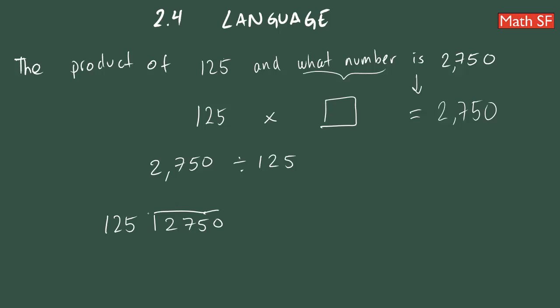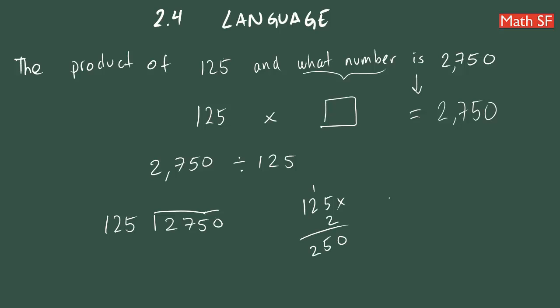So you say 125 goes into 2 0 times, into 27 0 times, into 275. Let's see how many times will that go. So let's take a guess. So maybe twice. 2 times 5 is 10. 2 times 2 is 4, plus 1 is 5. 2 times 1 is 2, so it's 250.